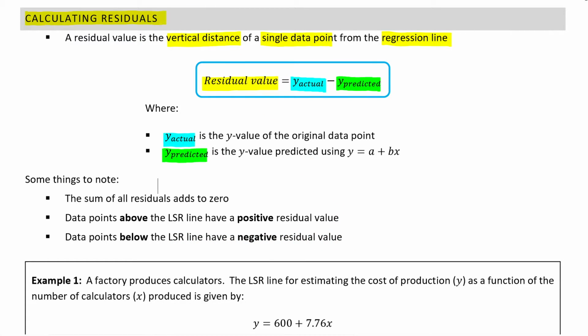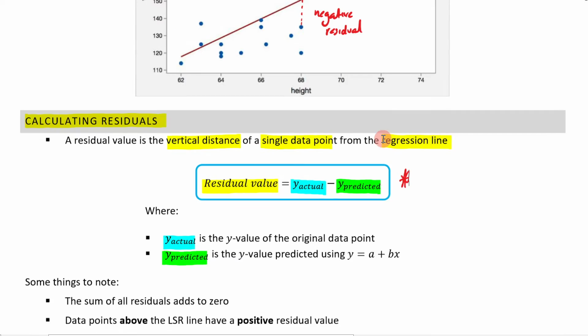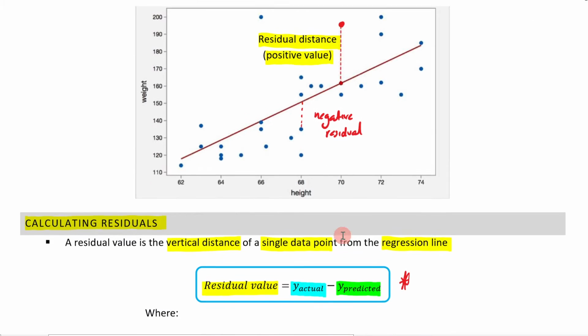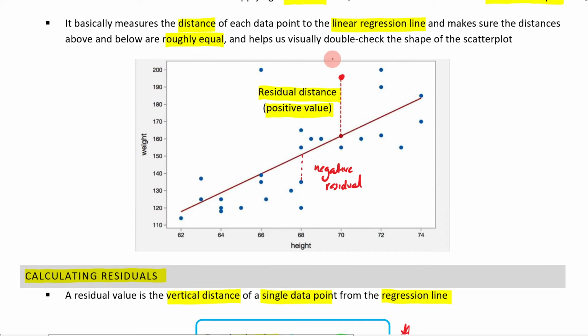What we're really going to be using now is this formula here. So this is going to prove to be a very important formula for us. Let's just come back here for a second and see how this formula is actually working. So if I wanted to find the value of this residual, what I'm going to do is take the actual data value, so this right here, and this is what we would call y actual.